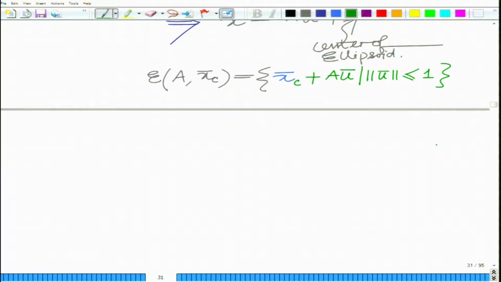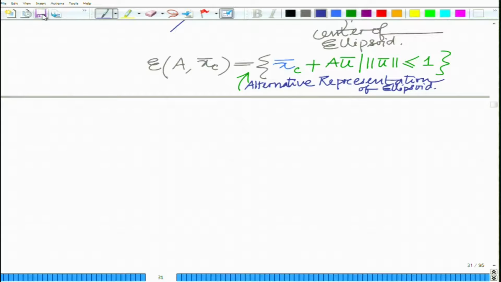This is the alternative representation of the ellipsoidal region corresponding to a matrix A and the center x c bar.